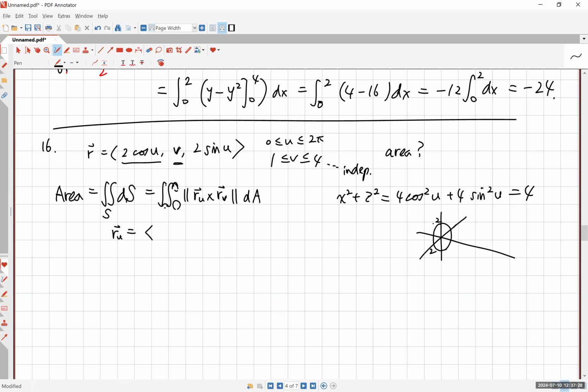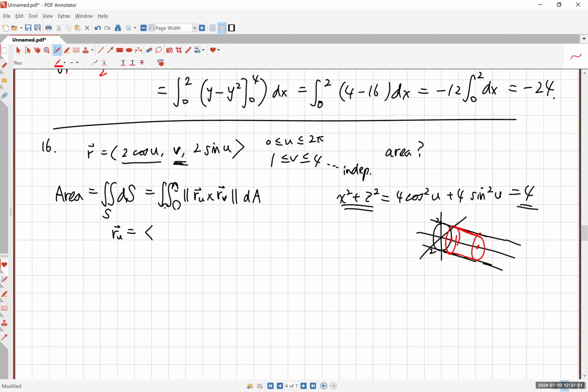And then just go ahead and draw this thing here because Y is independent. And so right now, all you have here is an infinitely long circular cylinder. But remember, V is Y, and Y goes from 1 to 4, right? So here, you just go from 1 to 4.